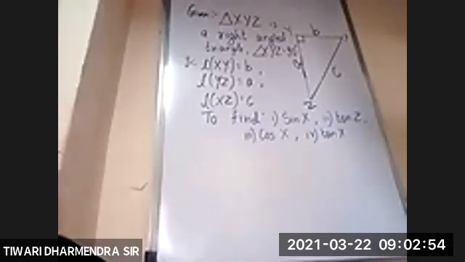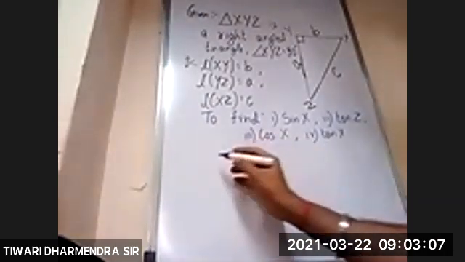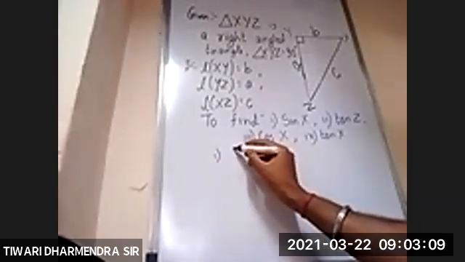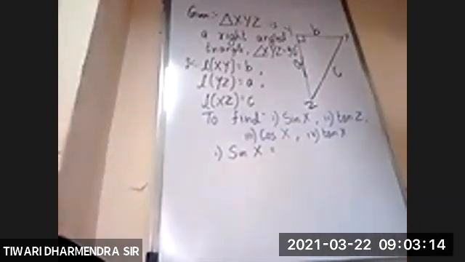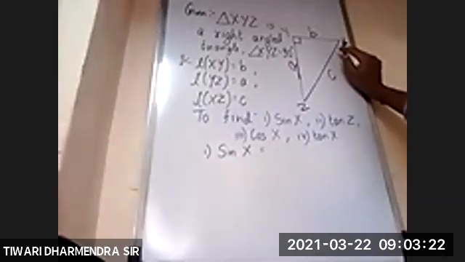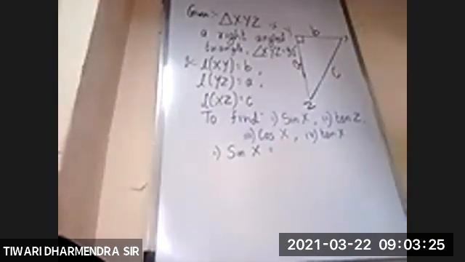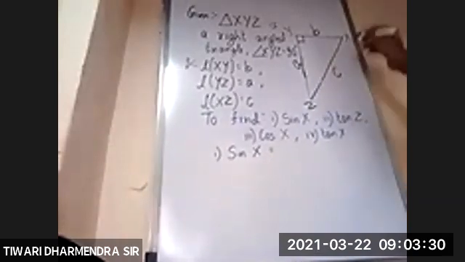I will rub this. Even I can write here in the lower part, which is visible to you. So first, sine of x. We can see that x is on the top and the opposite side to x is YZ, and the hypotenuse is fixed here, XZ.